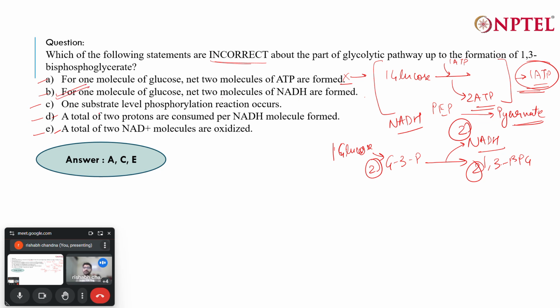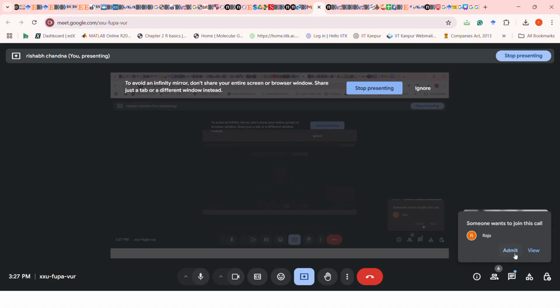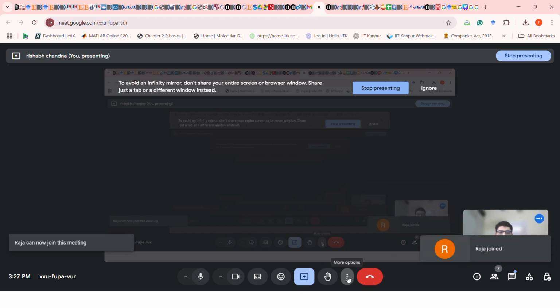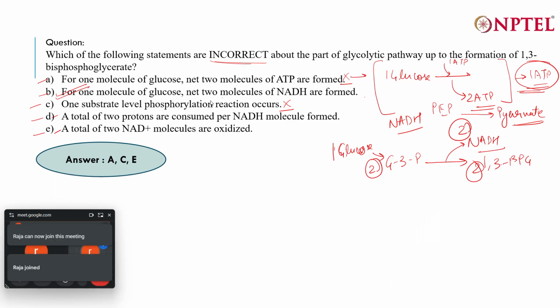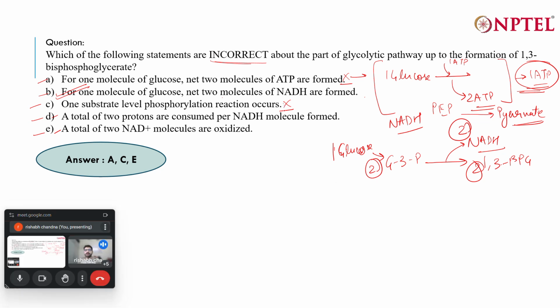Then option C, one substrate level phosphorylation reaction occurs in the full process. No, this is false. Okay, just 1 minute. Substrate level phosphorylation is a reaction in which the substrates are directly involved in formation of ATP. There are two steps where it occurs.